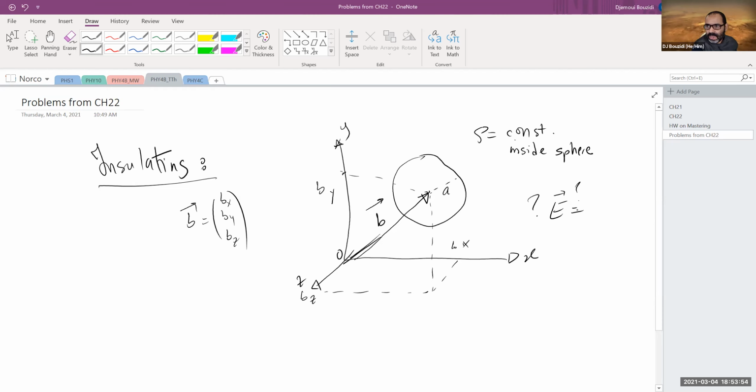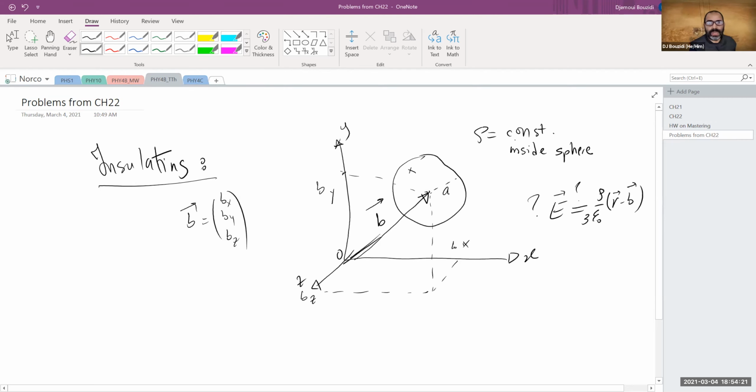It is given by this identity, we need to prove it: E equals rho divided by 3 epsilon naught times the difference between R and B, inside the sphere. So take this point inside the sphere.